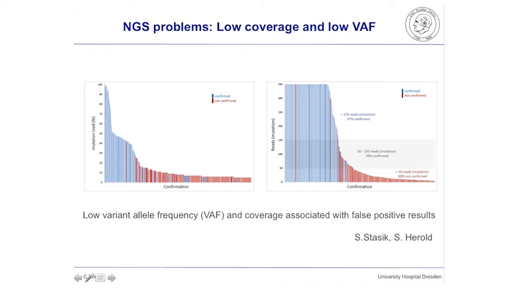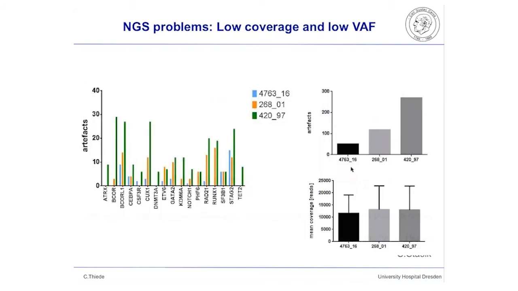This is especially true when you combine it with low coverage, so especially for changes with a coverage below 50 reads per alteration there is a very high non-confirmation rate. So when you look at your results, it's a very good idea to have sufficient coverage and to repeat results if you see suboptimal coverage.